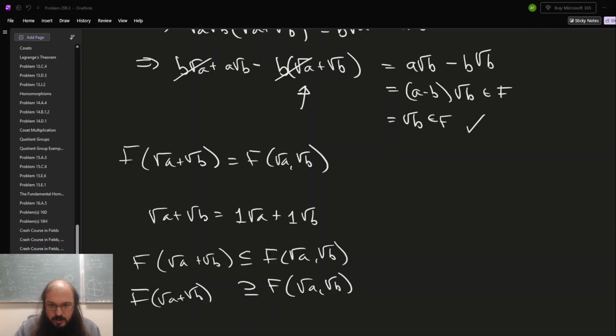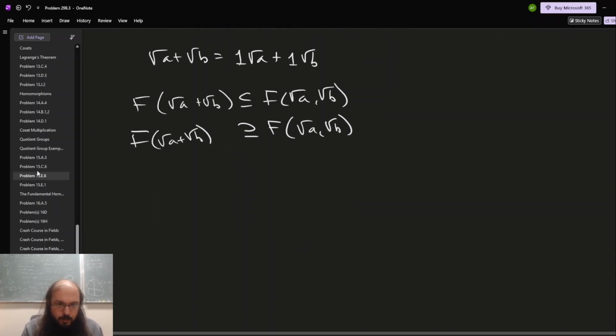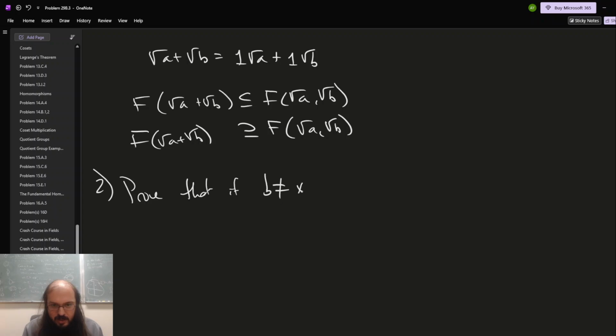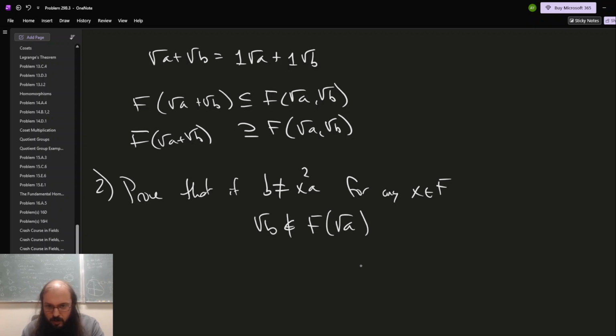Next part is to prove that if b is not equal to x squared a for any x in F, what does he ask me to prove? That square root of b is not an element of F adjoin square root of a.